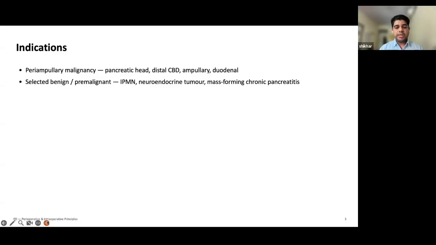That includes pre-malignant IPMN and neuroendocrine tumors, and sometimes benign conditions like chronic pancreatitis with mass formation, and in some rare cases of pancreatic trauma there can also be an indication for Whipple's procedure. So these are the indications for Whipple's.